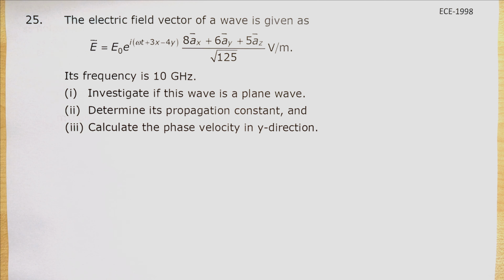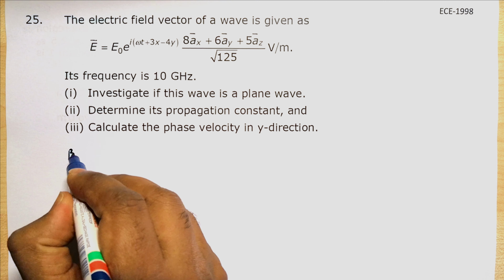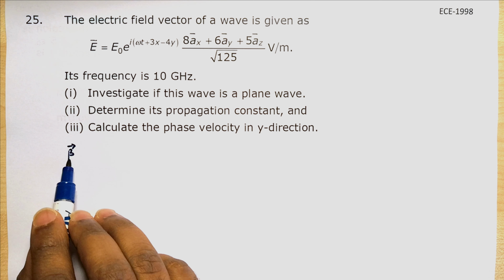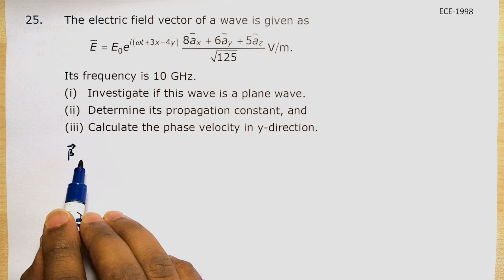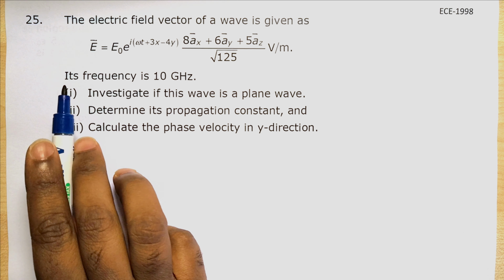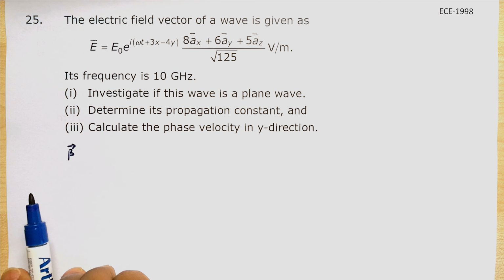This is one of the basic concepts of electromagnetic theory. In that case, if the propagation vector beta is orthogonal to the electric field vector E, then the given wave is a plane wave.